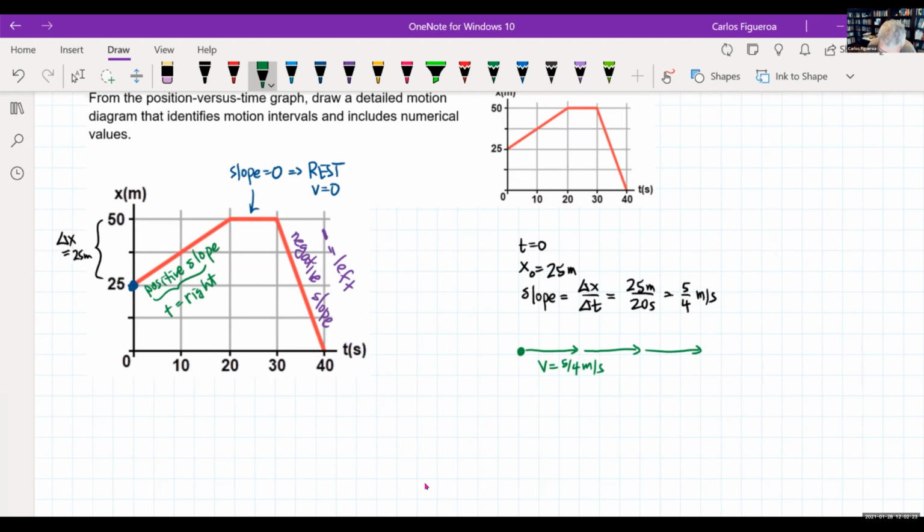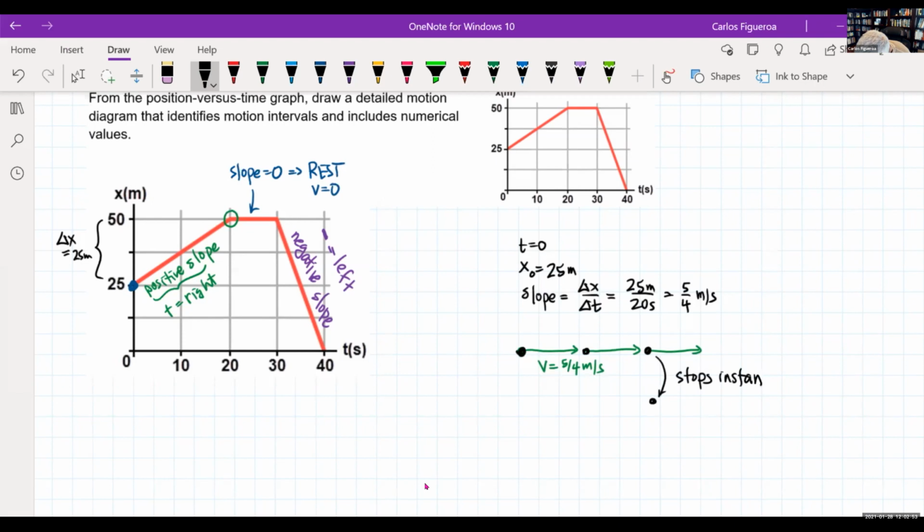Look at this point here at 20 seconds. There's a discontinuity there. So what happens to the car then? The very next split second, what does it do? It instantly stops. So it comes to right here, and then it literally stops instantly.